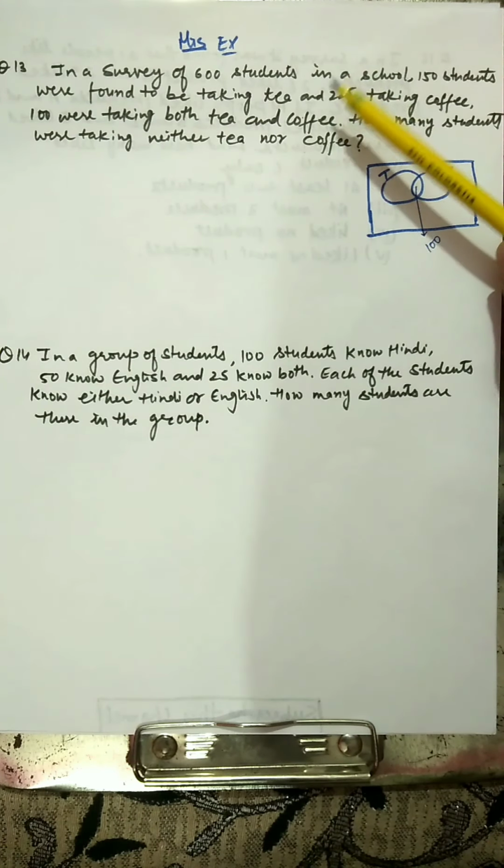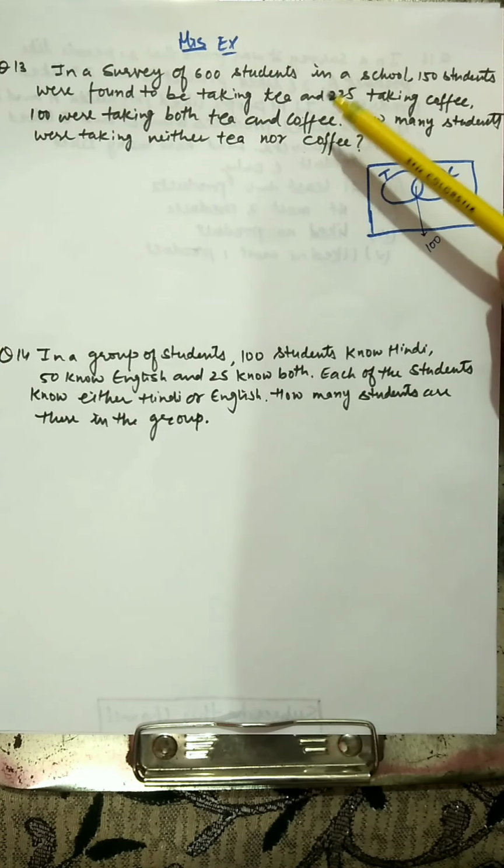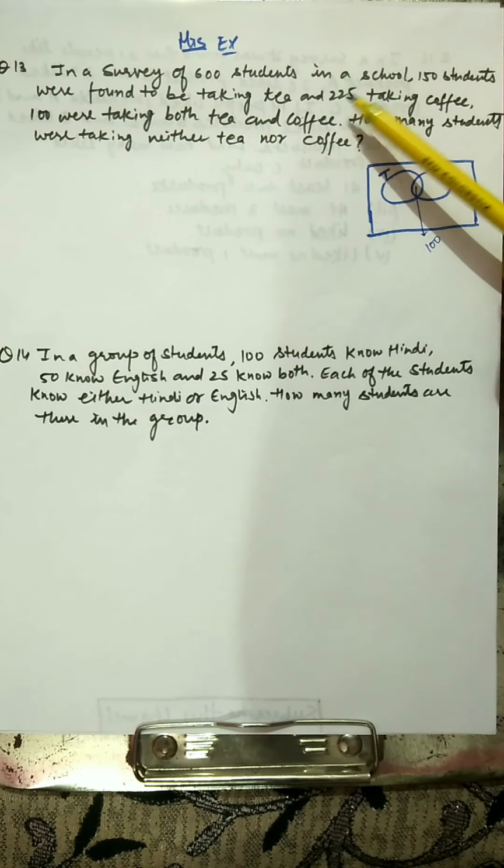For example, if you go to any student out of 600, is it possible that the student likes neither tea nor coffee? This is quite possible.